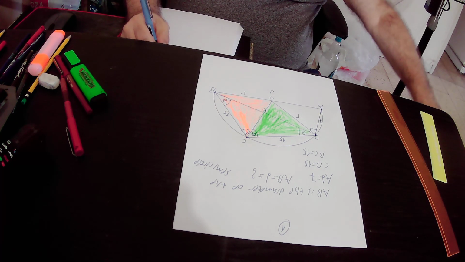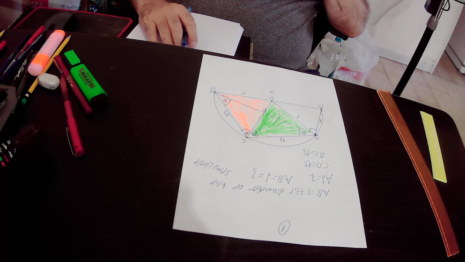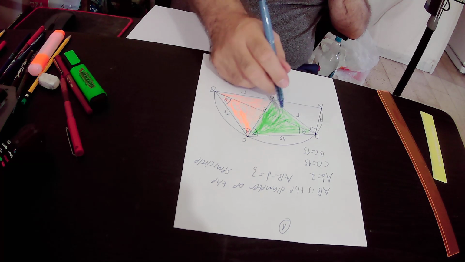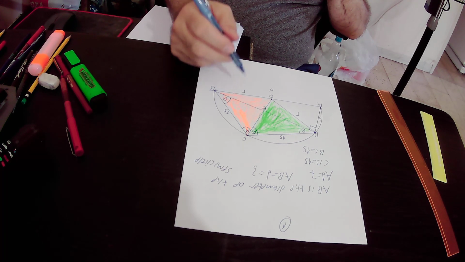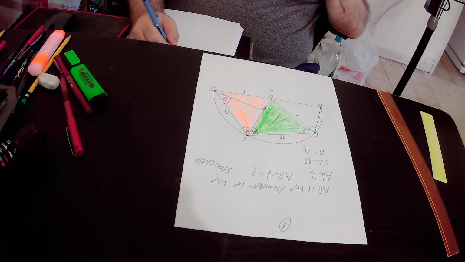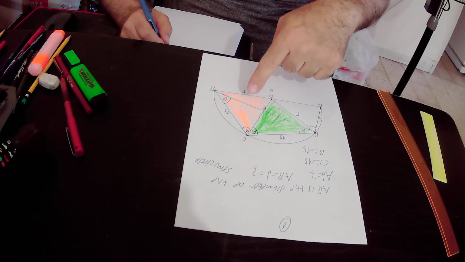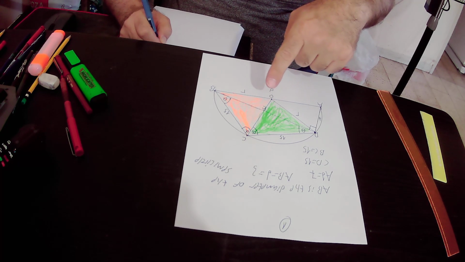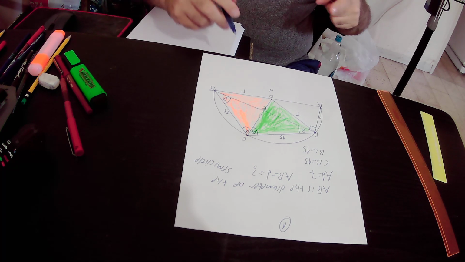So therefore we can first of all deduce that ED on the green triangle equals EB on the orange triangle, according to the rule that states that corresponding sides in congruent triangles are equal to each other.